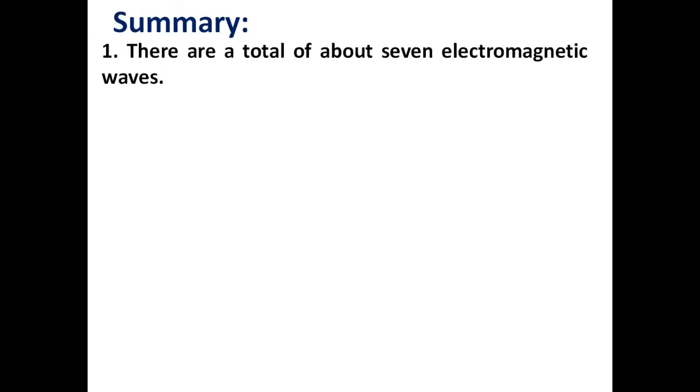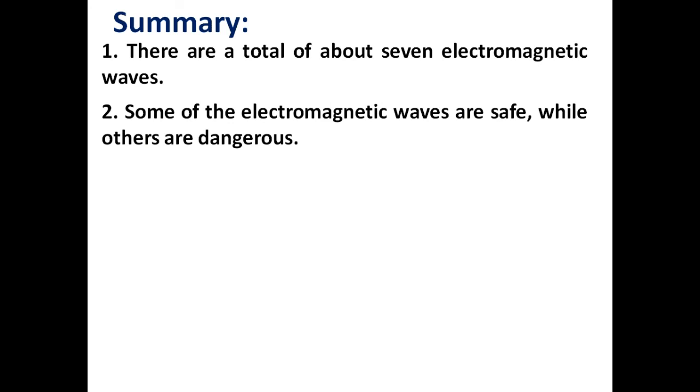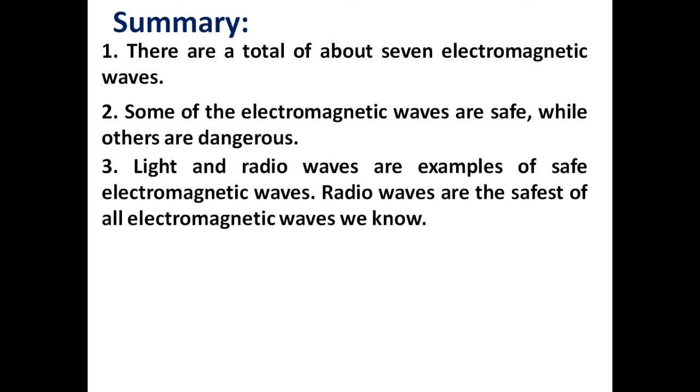Yes, I learned that: 1. There are a total of about 7 electromagnetic waves. 2. Some of the electromagnetic waves are safe, while others are dangerous. 3. Light and radio waves are examples of safe electromagnetic waves.